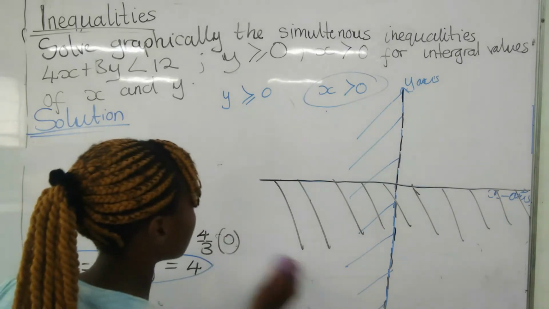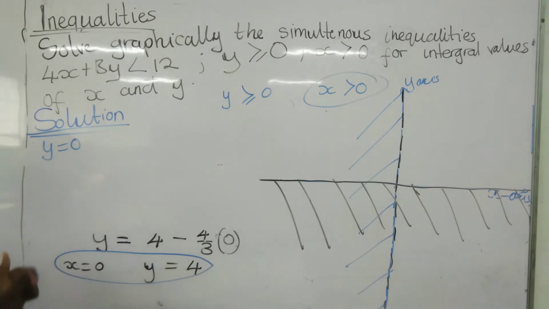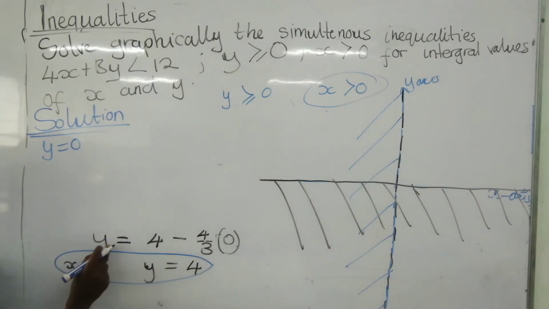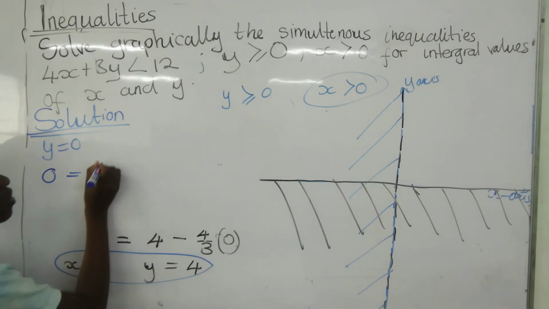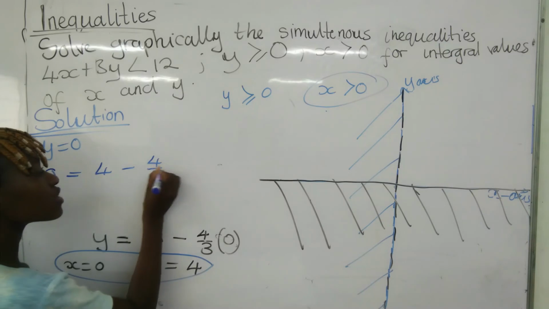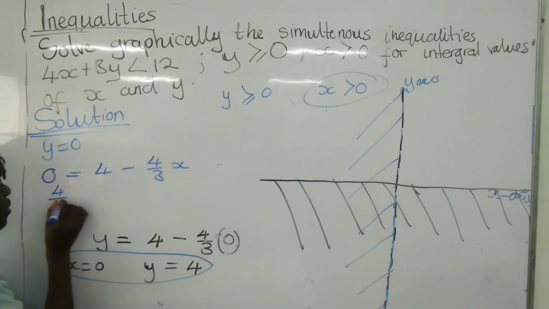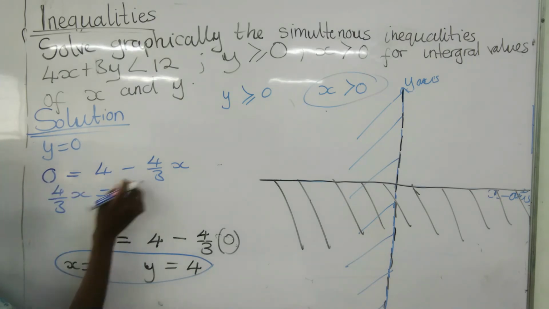I'm saying if we are given y is equal to 0, we would substitute. So it's going to be 0 is equal to 4 minus 4 over 3x. Then we simplify: 4 over 3x is equal to 4. I moved the negative sign here.